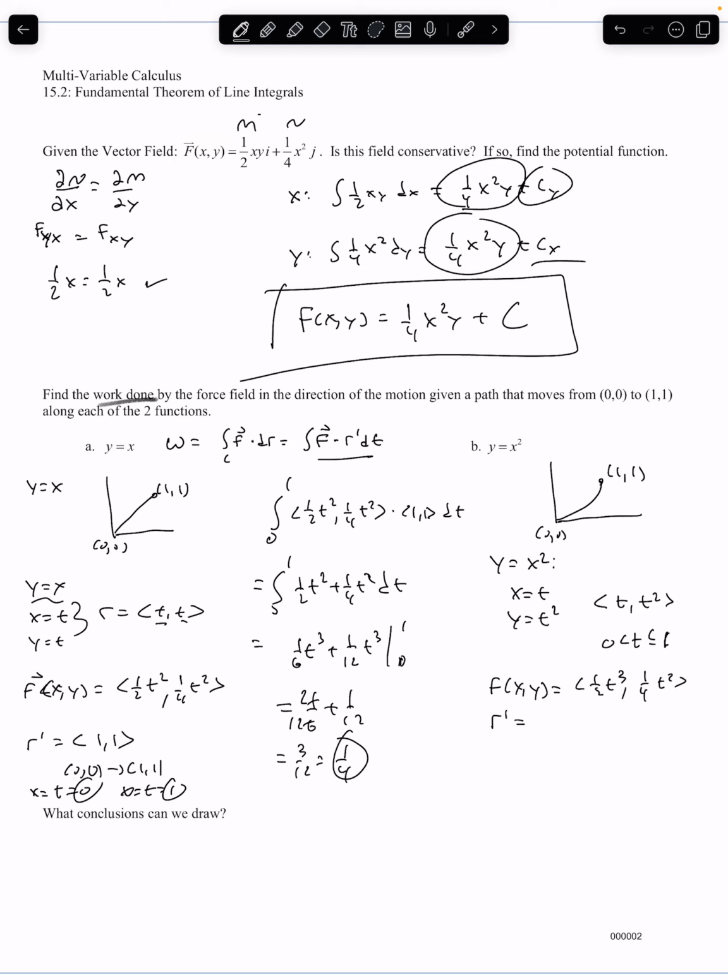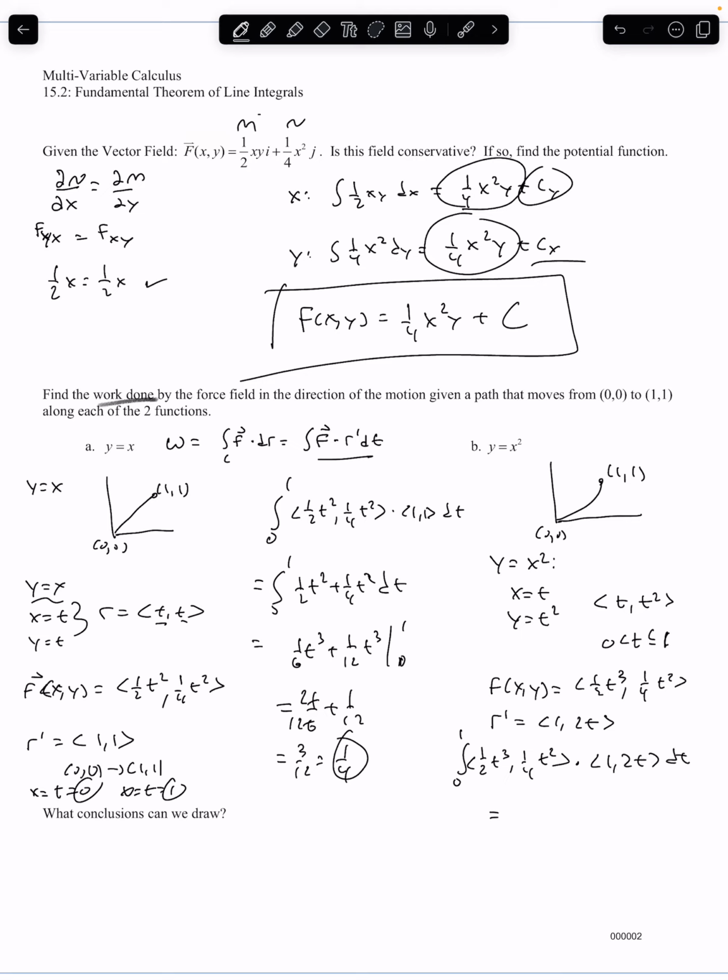And r prime is just going to be (1, 2t). Dot them together. Let's set this up. It's going to be from 0 to 1, of (1/2 t cubed, 1/4 t squared) dot (1, 2t) dt.